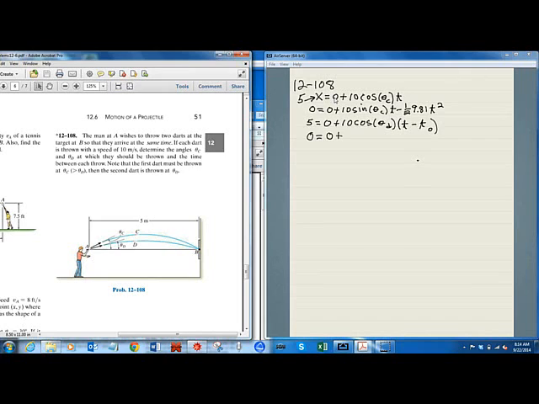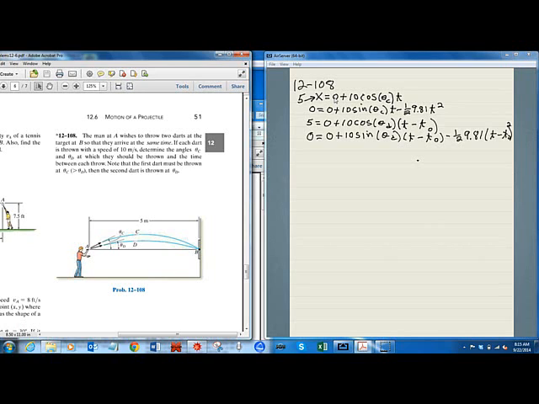Plus, what's his initial velocity? 10 sine theta D. Very good. Times what? Yep, t, the same time when they hit, minus the initial time that I held him back. What else? Minus 1/2 a, which is 9.81, times T minus T0 squared.